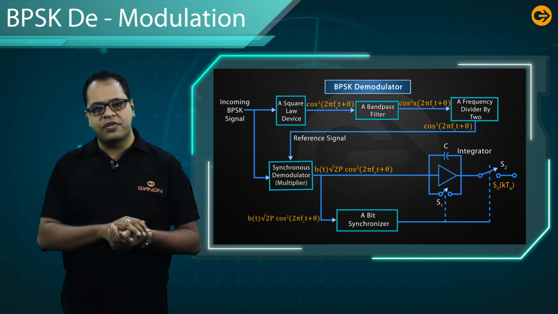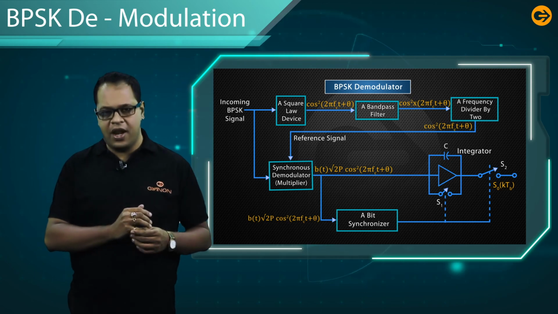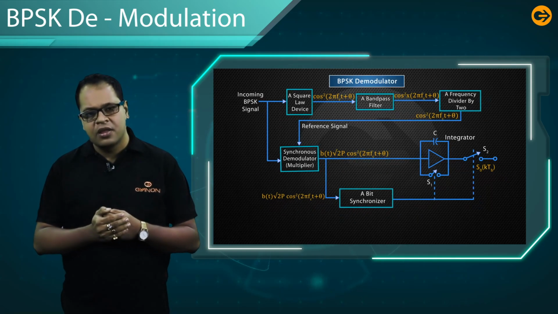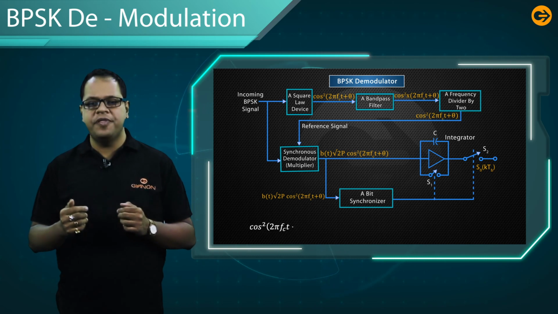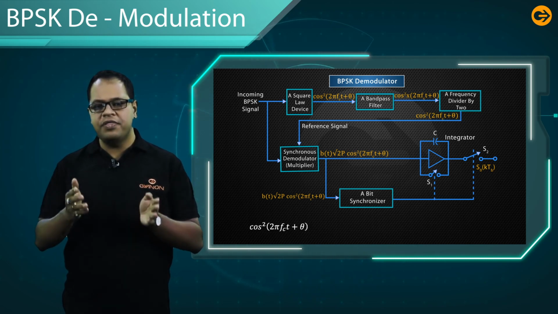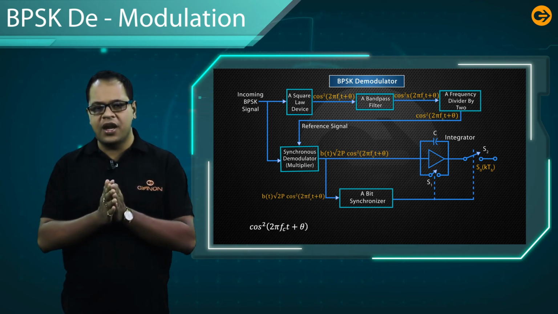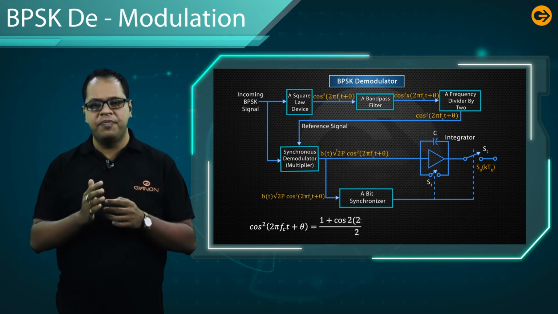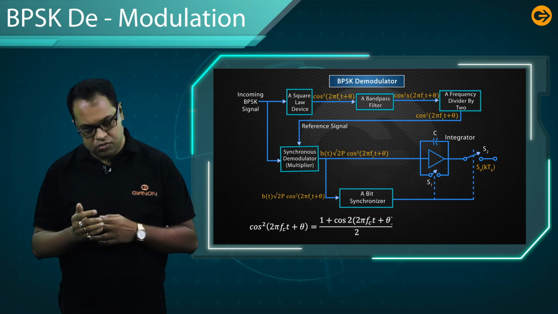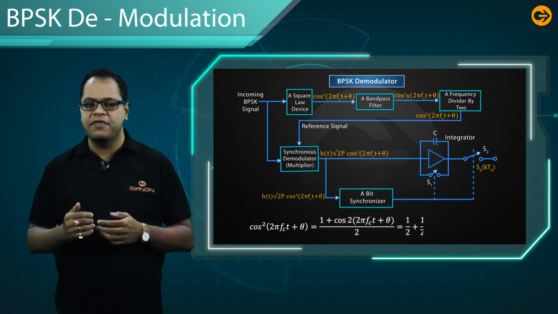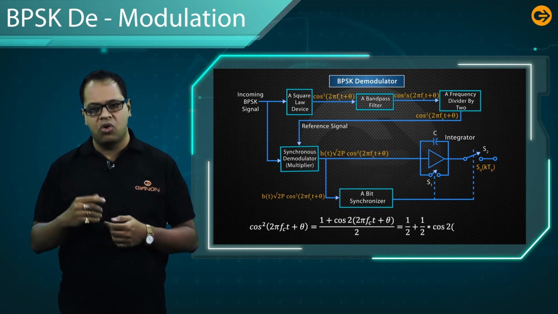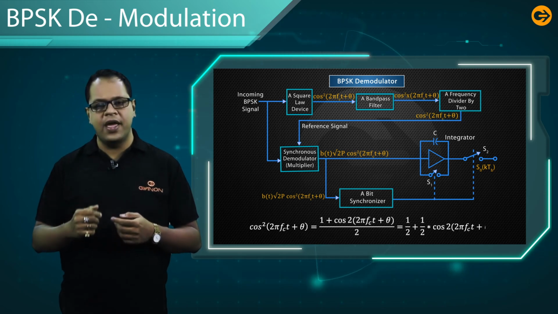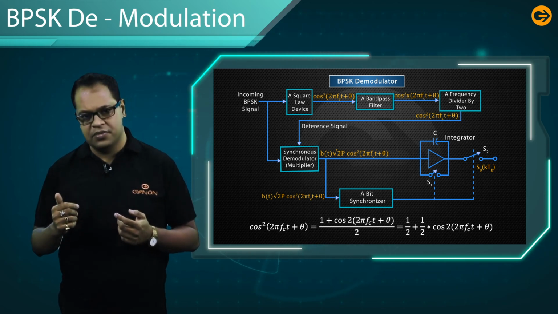If the amplitude is normalized, we get cos square (2π fc t + θ). It is simplified using the trigonometric identity (1 + cos 2(2π fc t + θ))/2, which is equal to half plus half into cos 2(2π fc t + θ).